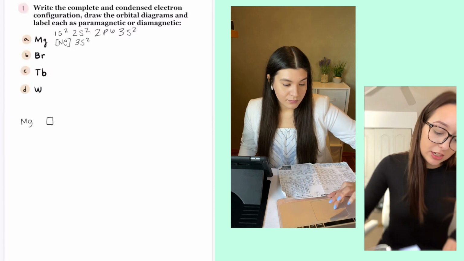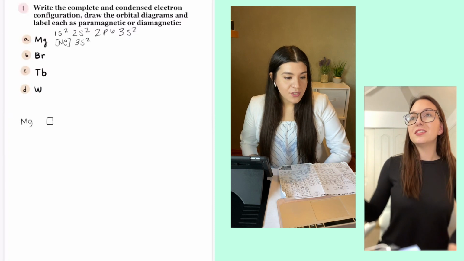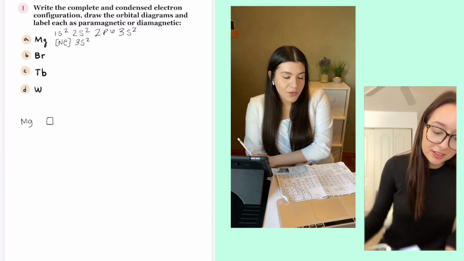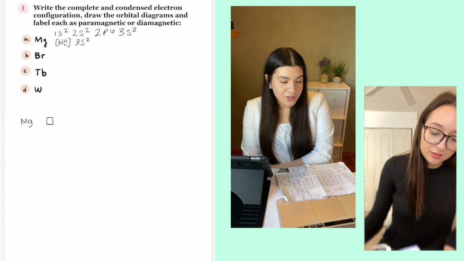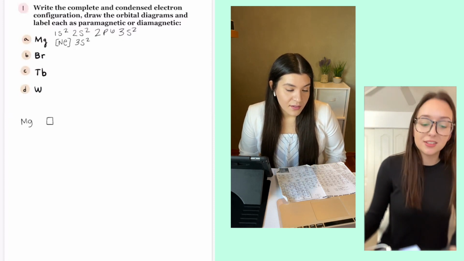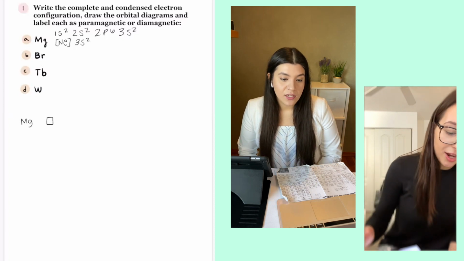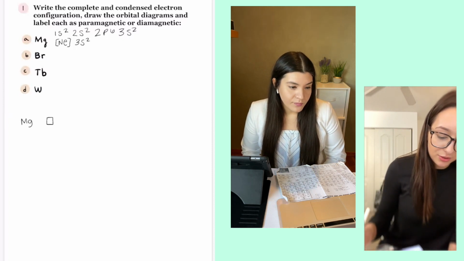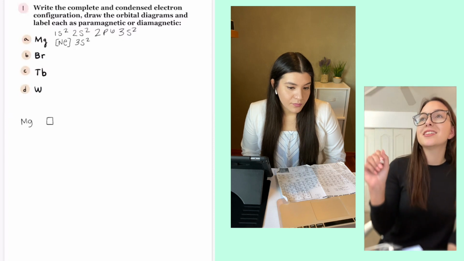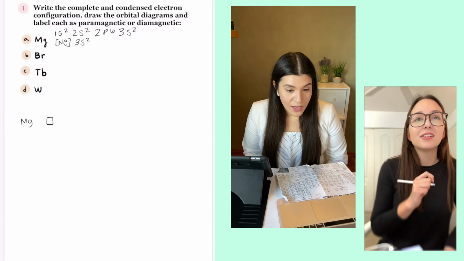Should I draw each box as I go, or draw all the boxes and then do all the electrons? I would say draw all the boxes first, then label the sub-level, then put the electrons in. So let's just do the orbital diagram of the condensed electron configuration. It's just the 3s2 that we'll look at.